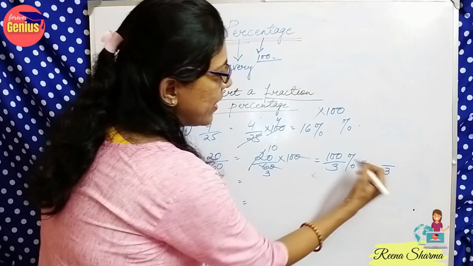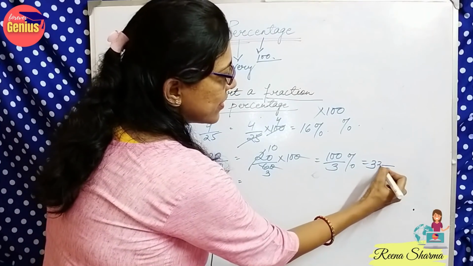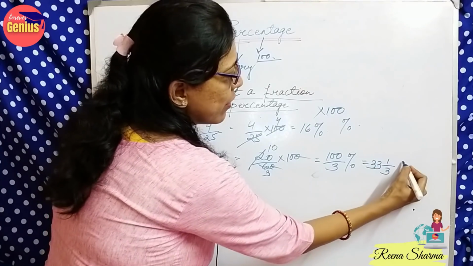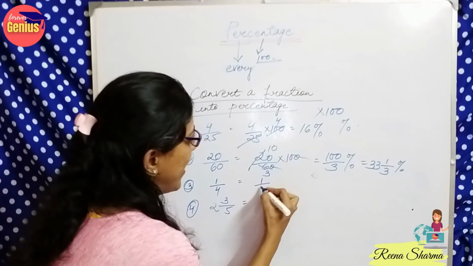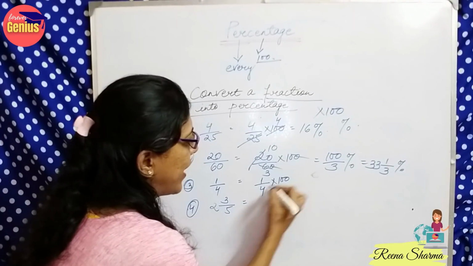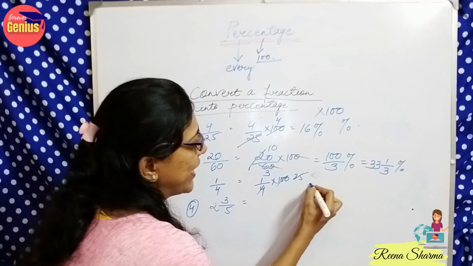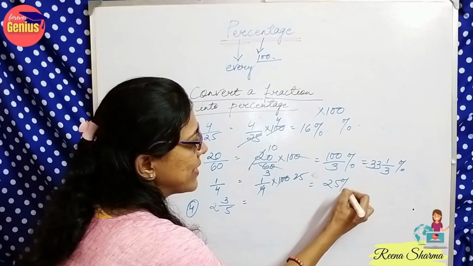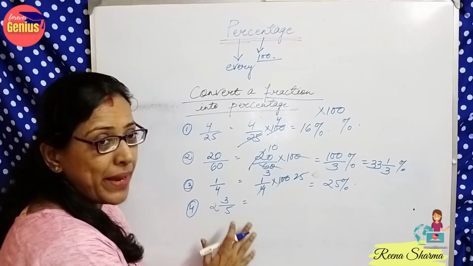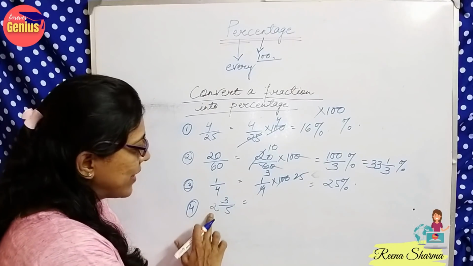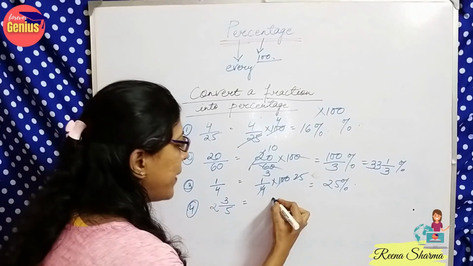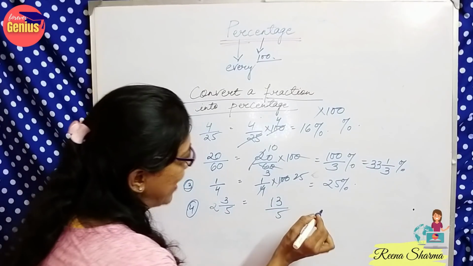This will be 3 and 1 by 4. So if I write 1 by 4 into 100, this is equal to straight away 25%. If a mixed fraction is given to you, what to do? 5 times 2 is 10 plus 3 means 13 by 5.